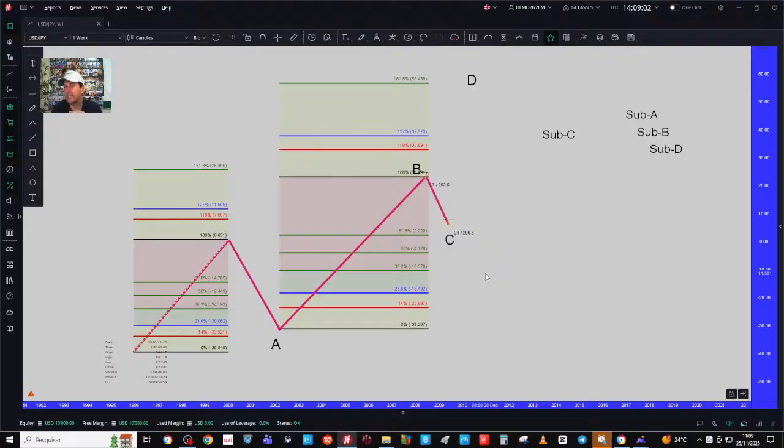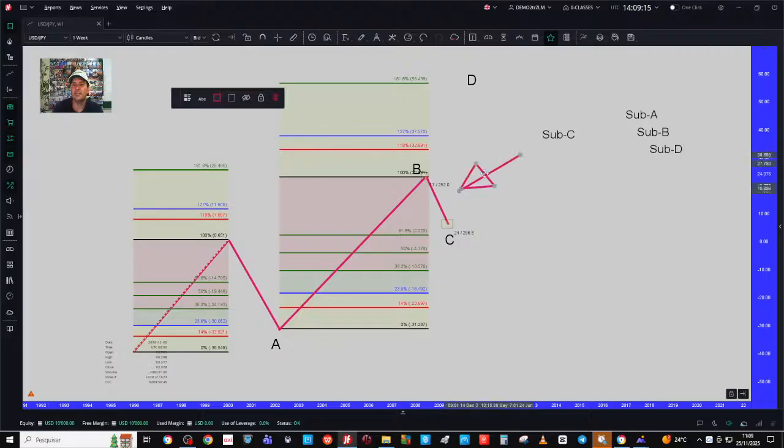And then we're going to check CAD/JPY. Can I put a contrarian Fibonacci on a high and a low? Yes or no?